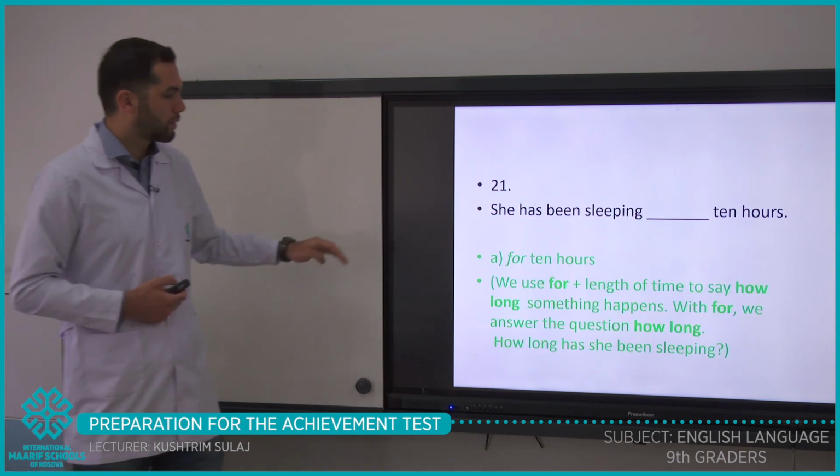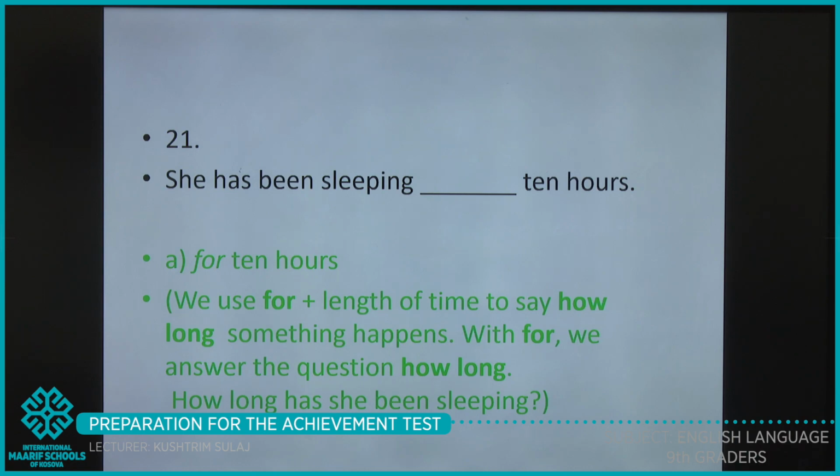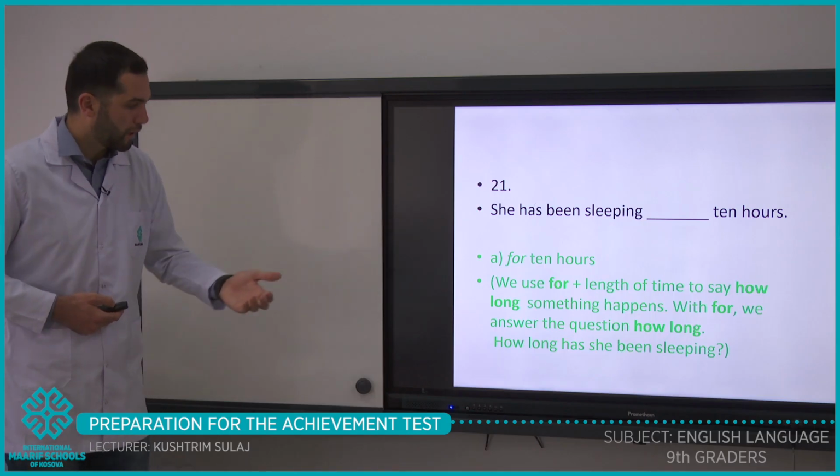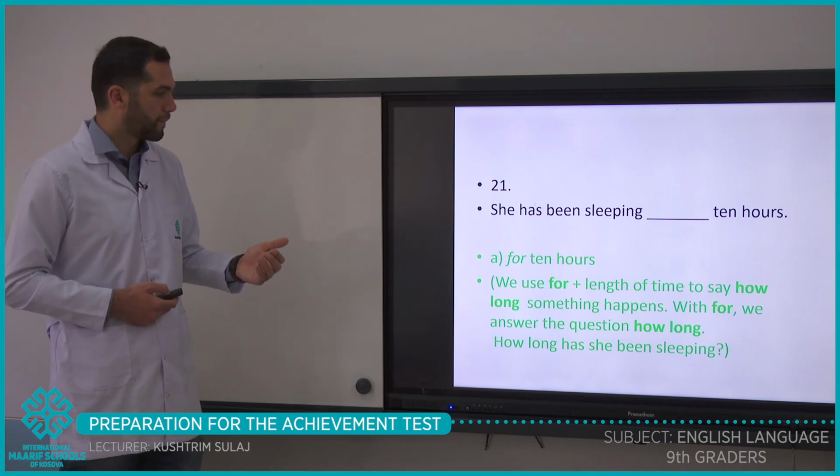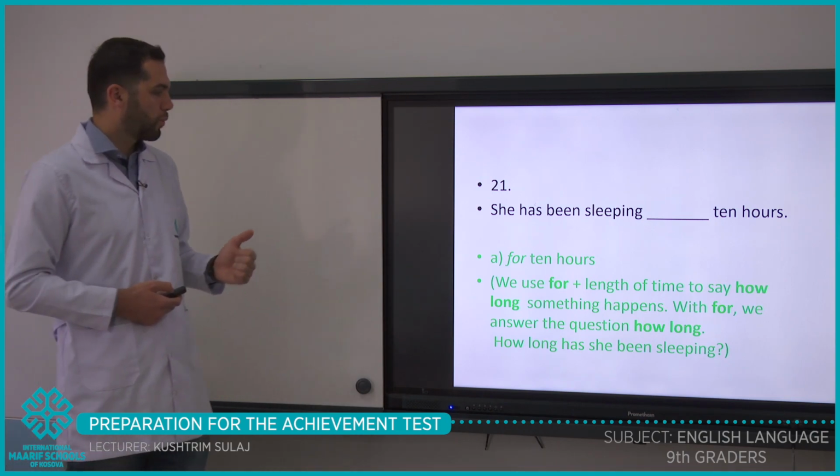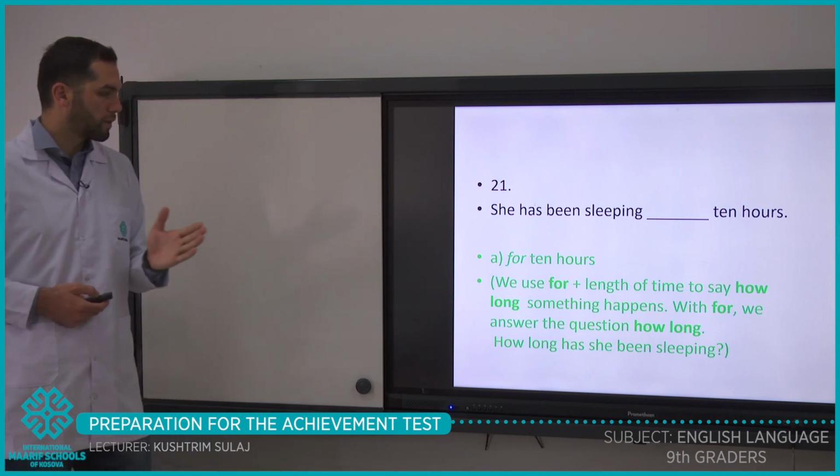And in this case, we have for. Why for? We use for with a length of time to say how long. So if you want to tell how long, 10 hours, 2 hours, the whole day, you have to use for. And with for, we answer the question, how long, as we said.